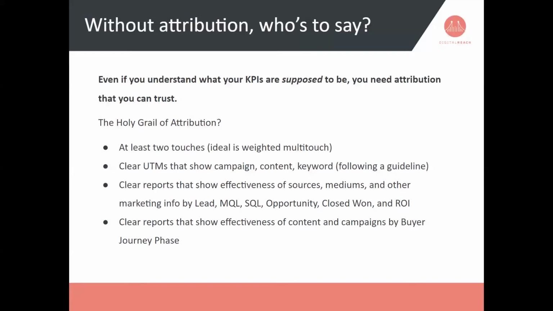And then ideally, you'd also be able to show those reports by buyer journey phase as well. So being able to say, okay, what content or campaign was really important for people who were just learning about us, versus what content or campaign was really important for people who have known about us for a while and are thinking about making a buying choice. So this is the ideal.